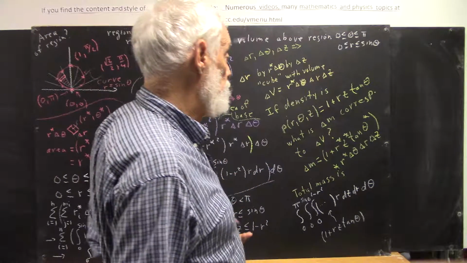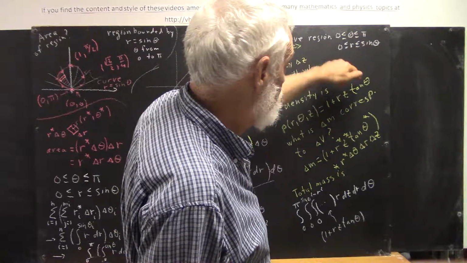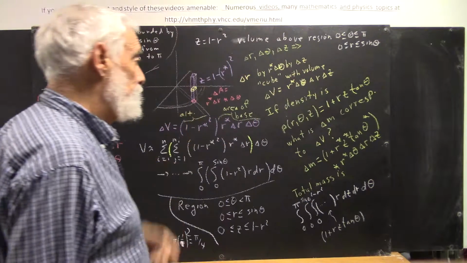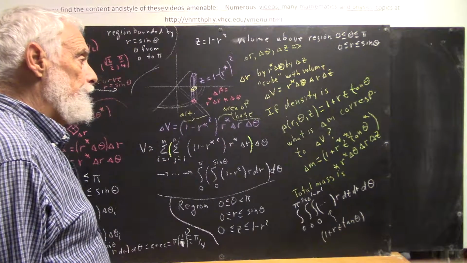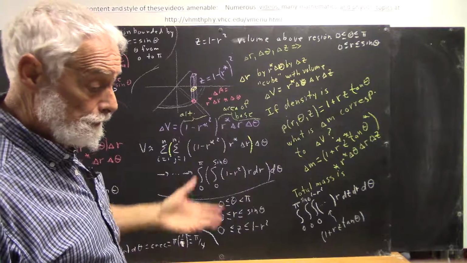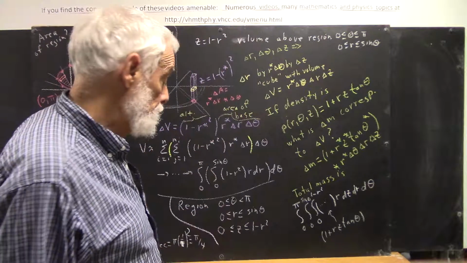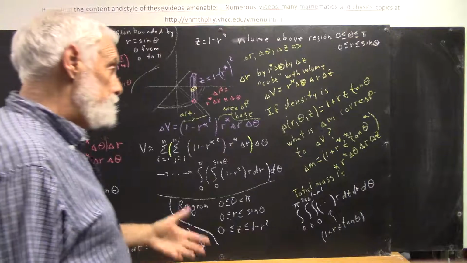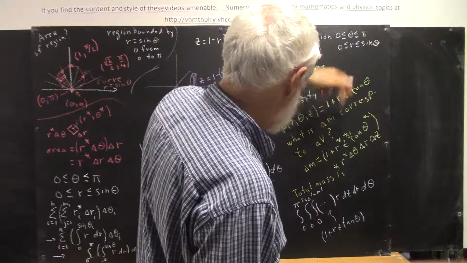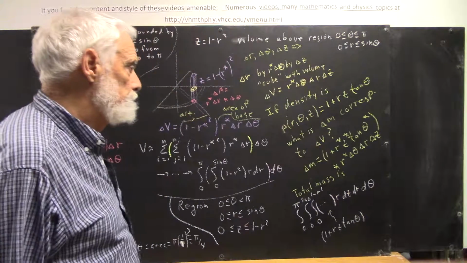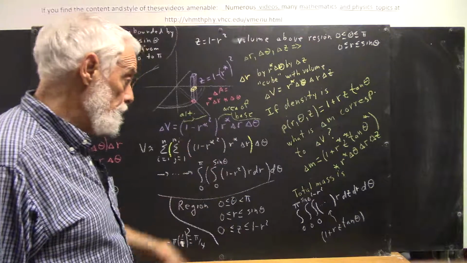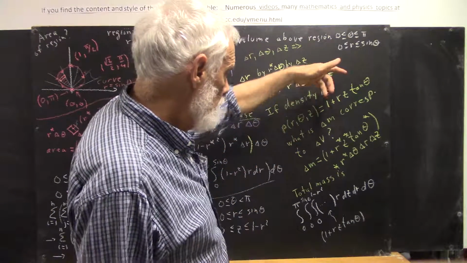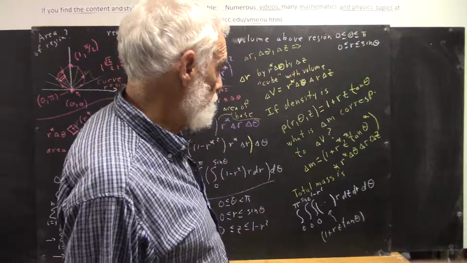In this case I chose the function 1 plus r z tangent theta. Now that wasn't a real good choice because of course the tangent of theta blows up as theta approaches pi over 2, so it's not a particularly realistic density function, but we can still talk about it. It's just a function.